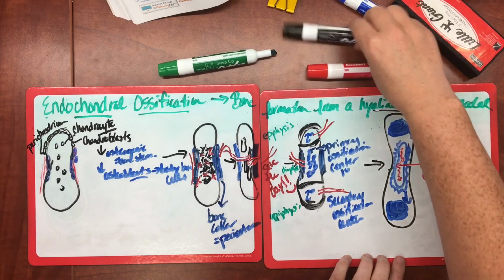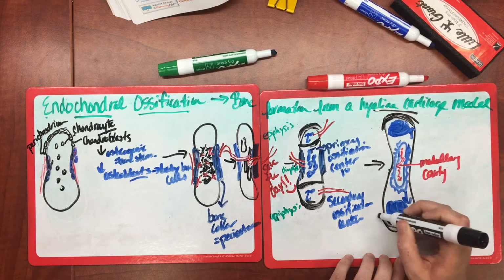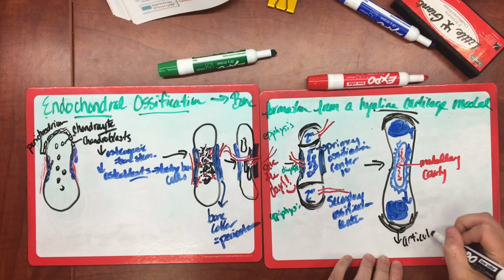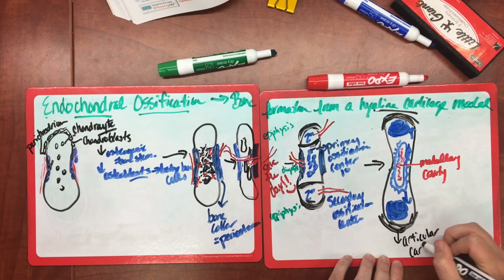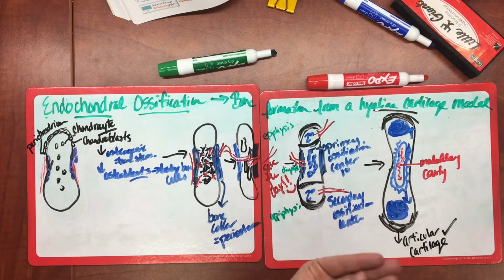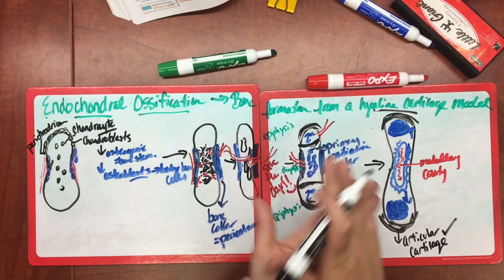The cartilage that you have on top always remains. That's hyaline cartilage, and it's specifically referred to as articular cartilage. This always remains. It's what's in between bones when they articulate or join, and it helps them move across each other in a safe manner.